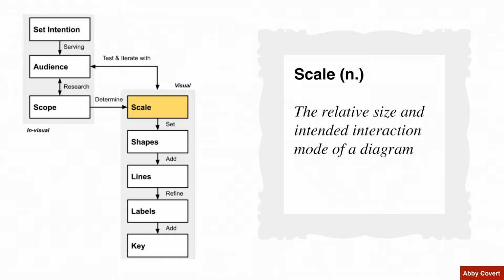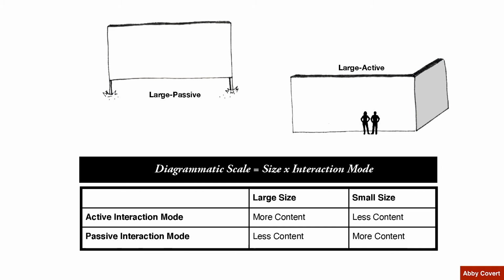Even if your scope is clear in your mind, you will still need to determine the right scale in order to make final decisions about and accommodations for the content of your diagram. Diagrammatic scale is not the same as size. It's actually better thought of as a combination of size and interaction mode. It's not quite right to think about it as the more space you have, the more you can include, but it is also equally not quite right to think the bigger something is, the more brief and bold we should be.